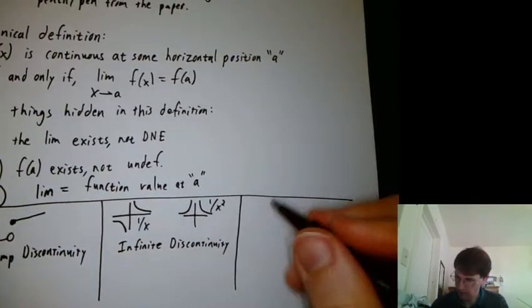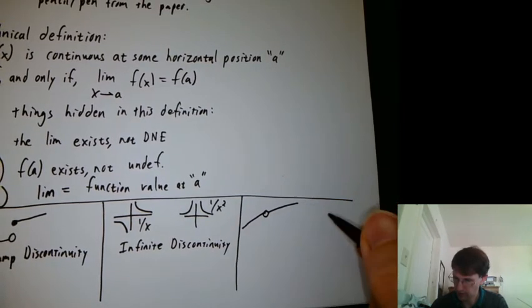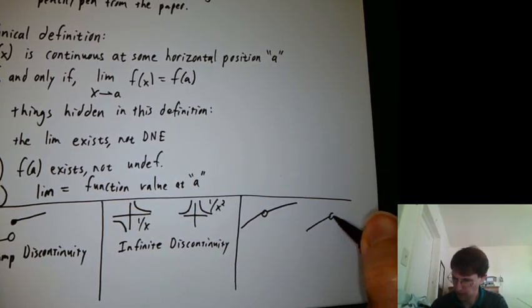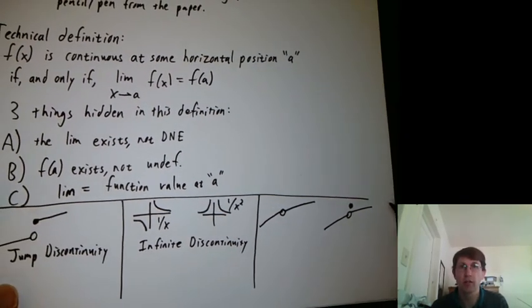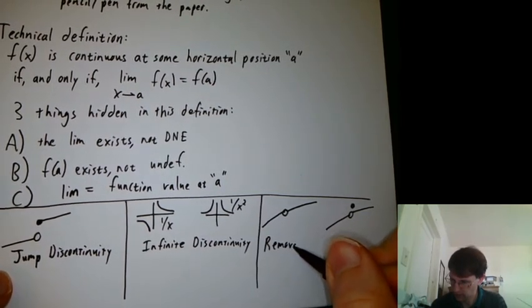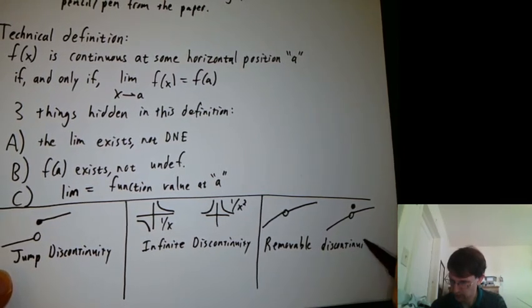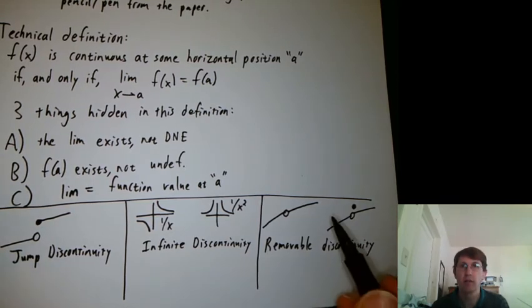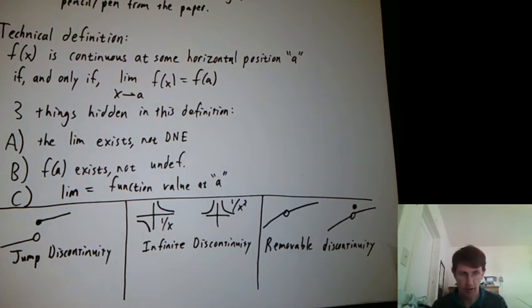And then another kind of function that's discontinuous is like that, or like this, with a dot there. And those are called removable discontinuities, because you can make the function continuous at that point by just redefining the function at just that one point, and then it'll be great.